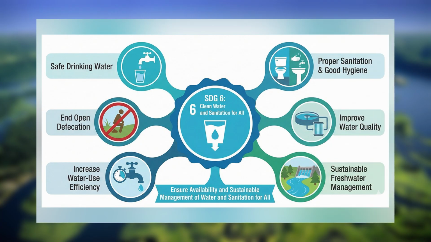Ensuring safe drinking water, proper sanitation and good hygiene for all people is the central aim of Sustainable Development Goal 6. The goal also focuses on ending open defecation, improving water quality, using water more effectively and managing freshwater resources in a sustainable manner. Over time, human societies have increasingly interfered with the natural water cycles by constructing dams, canals and other large engineering structures to control rivers and streams.